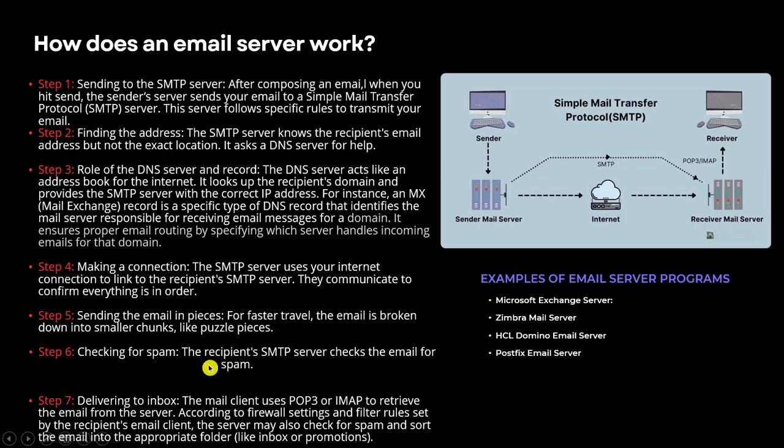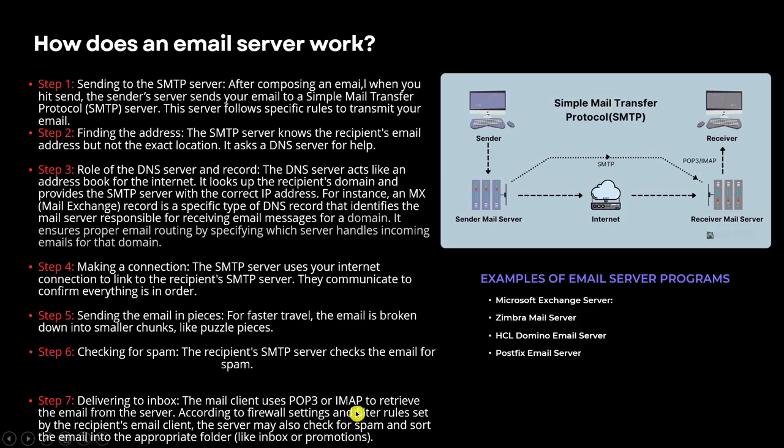Only the good mail will be forwarded to the SMTP server. This one is the recipient SMTP server. Finally, once the email message is received on the recipient SMTP server, it will be delivered to the inbox mail client of the recipient domain. That's how an email server works.